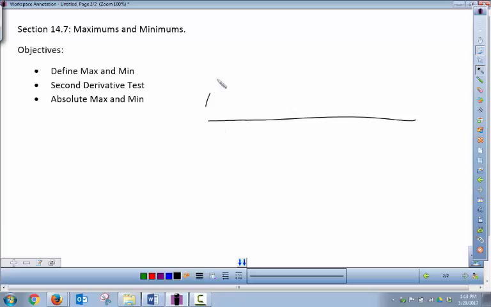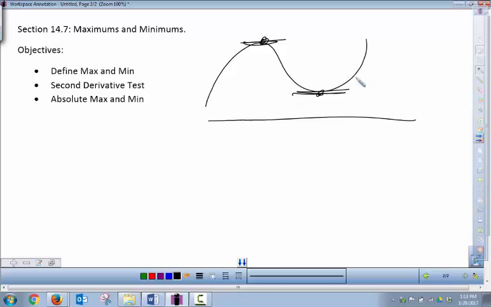You remember doing that? Zero or undefined is usually what we look for, critical points. And then we have this thing called the first derivative test.